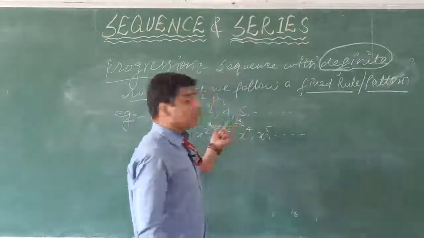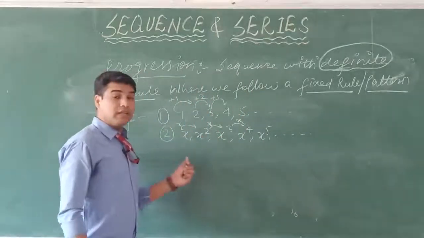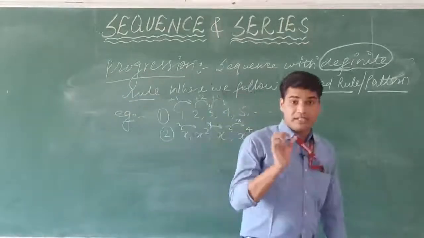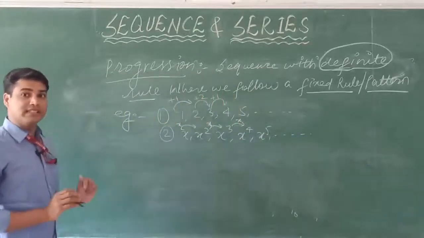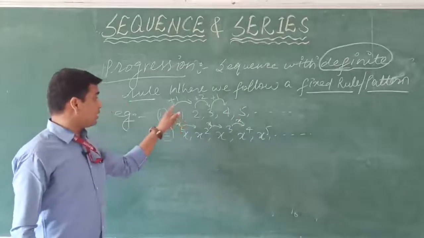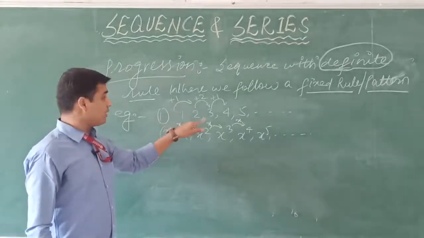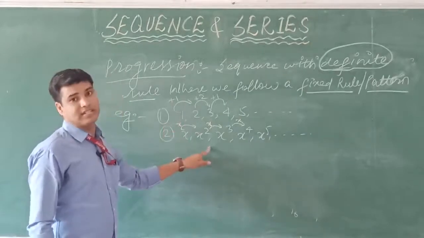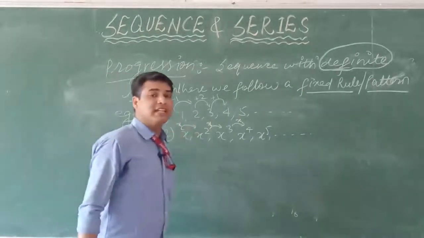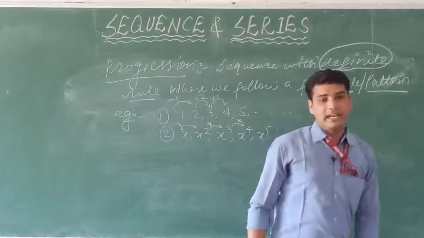In the same way in series there is no fixed rule, no fixed pattern, and with the help of the plus sign we can differentiate first term, second term and so on. Now progression. In progression we need to follow a certain rule or pattern. Here we are adding 1 to every term to get the next term. Here we are multiplying by x to get the next term. So this is the basic difference between sequence, series and progression.